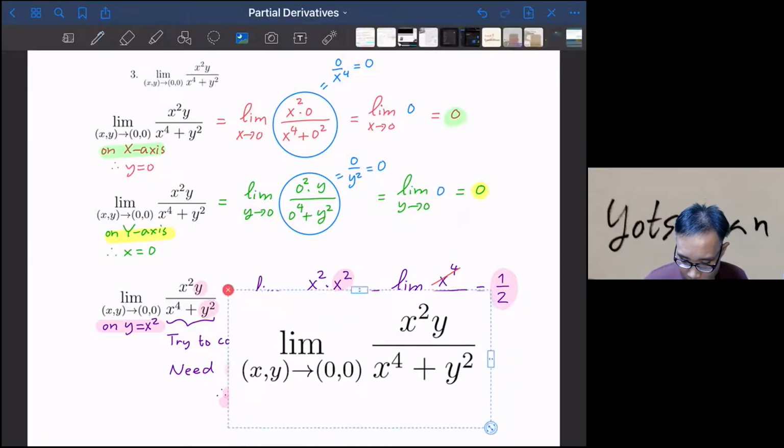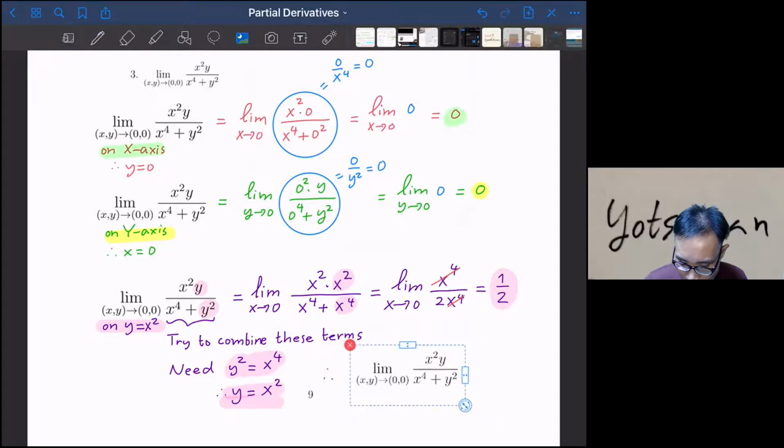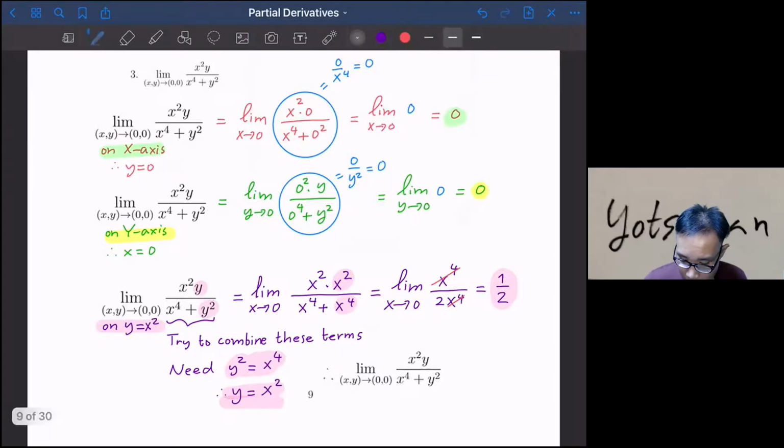So this is what we were looking for: this limit does not exist.